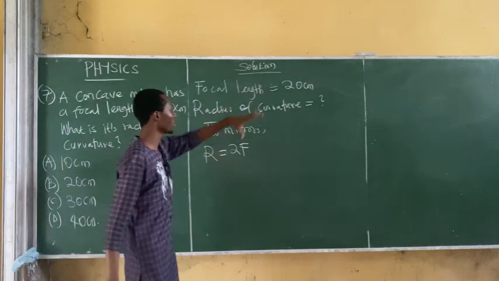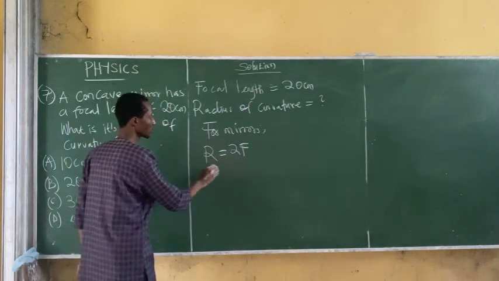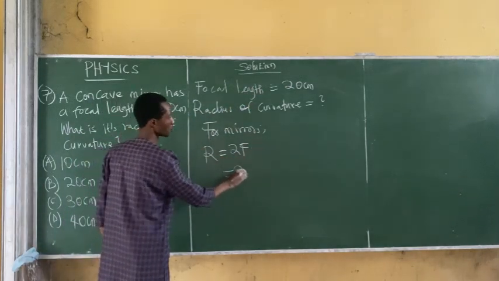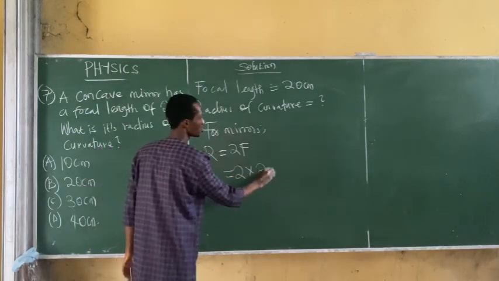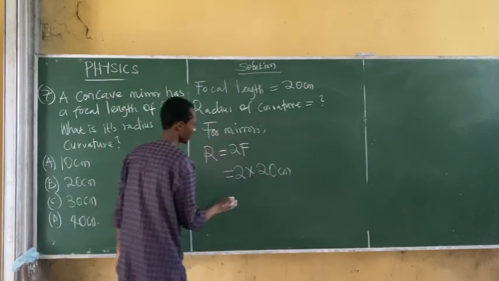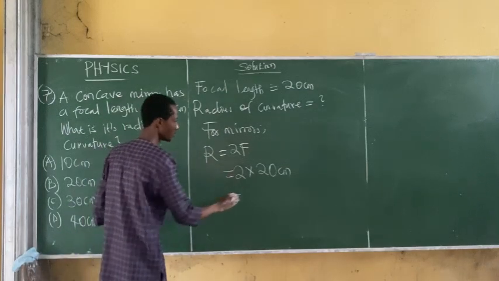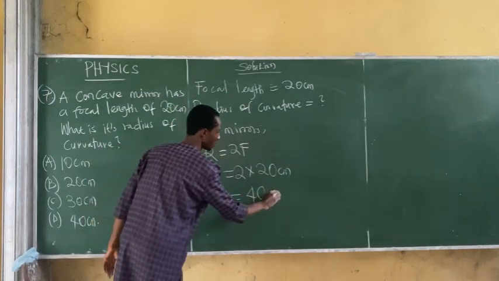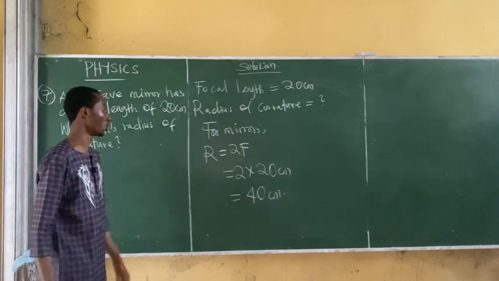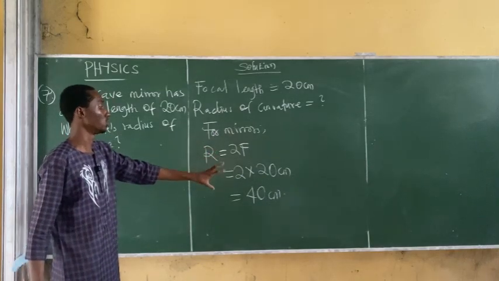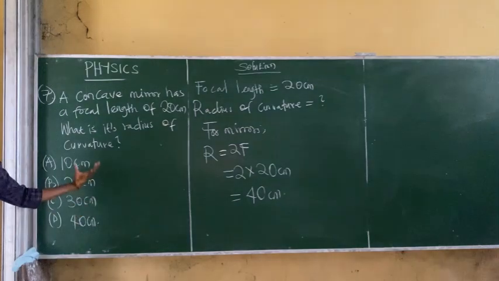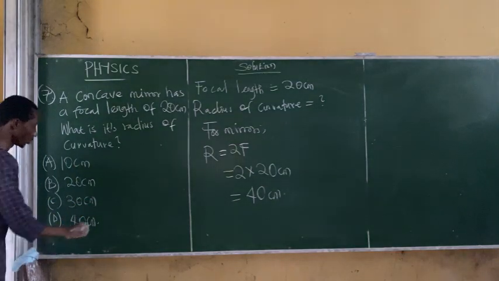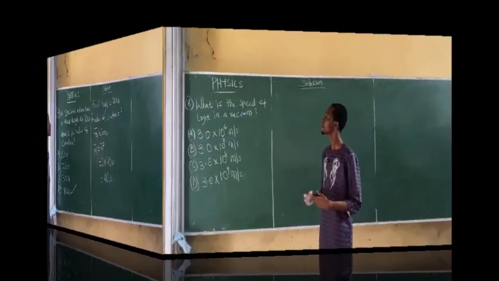If we substitute this value into this equation, we have that the radius of curvature is equal to 2 times F. Our F from the question is 20 cm. 2 times 20 cm gives us 40 cm. Therefore, the radius of curvature is 40 cm. The correct option is option D, 40 cm.